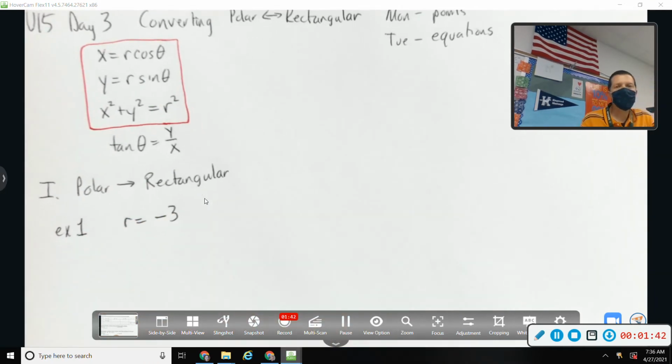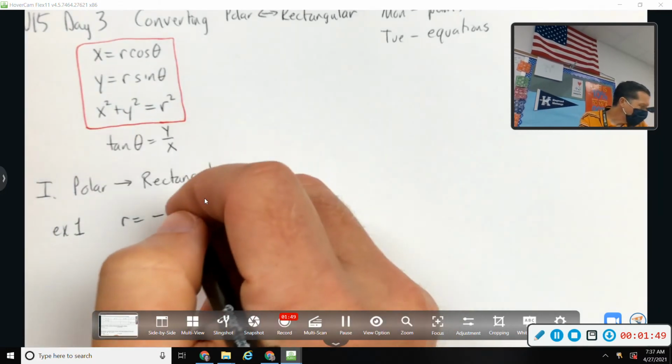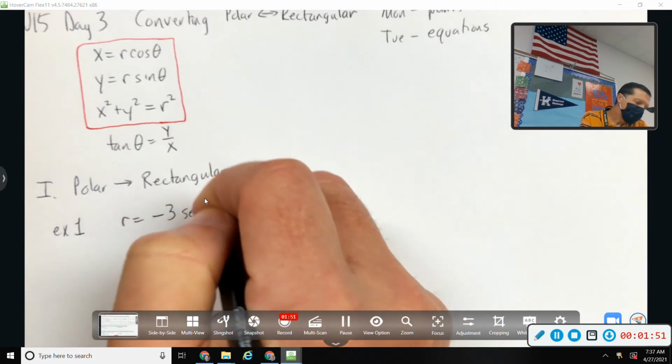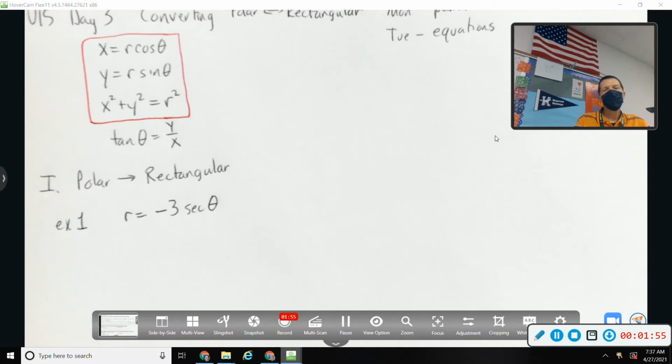So first example, we can jump in right away with examples because we already have the three equations that we'll need. r equals -3 secant of theta. Okay, well that's some sort of graph in polar, but I don't really want to do graph in polar. Let's change it to rectangular.